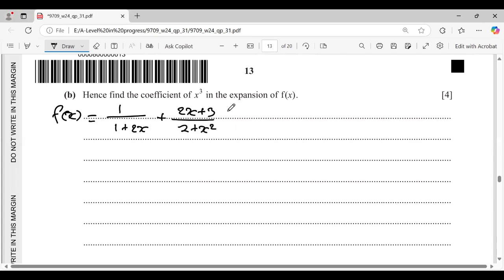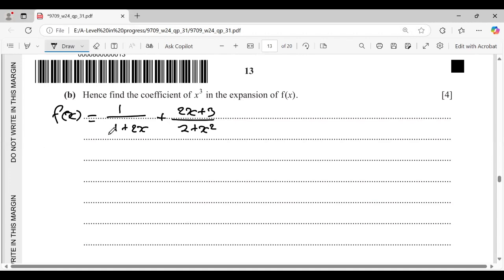I will expand every term, so this term, after that expand this term, at the right hand side. Okay, all terms on the right hand side to find the coefficients of x cubed.